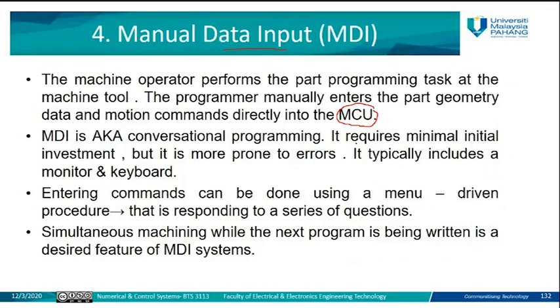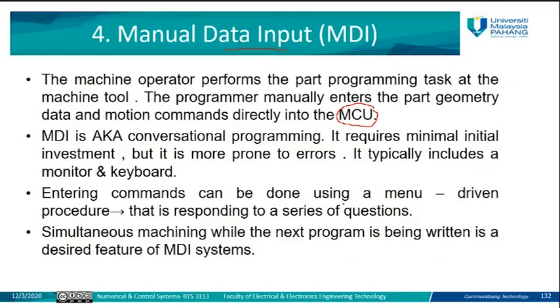After that, this program can be saved under a specific name or specific number inside the MCU directly. During this work, maybe you will be asked if you want to save this program, or this block address, and so on.